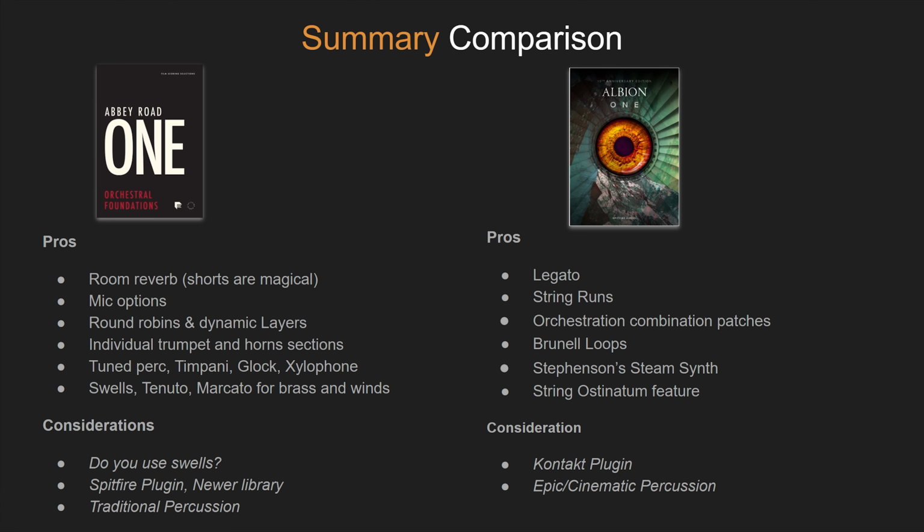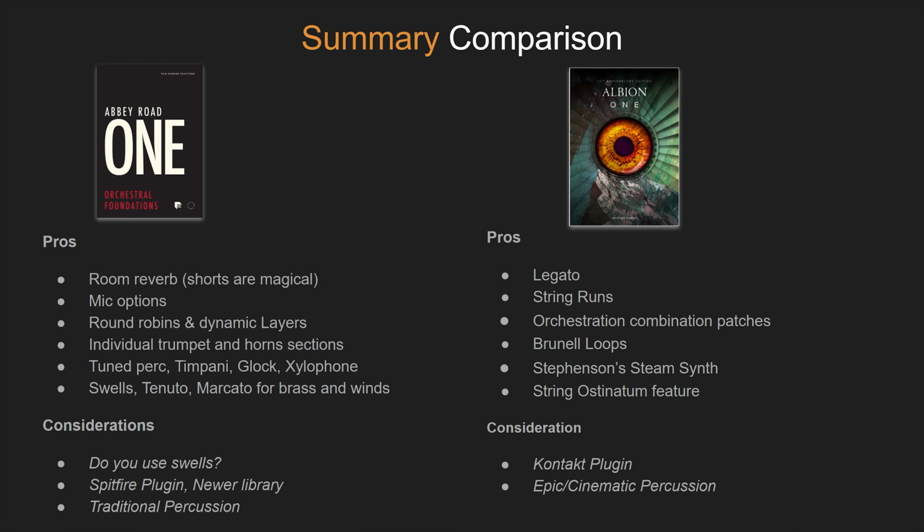Okay, and of course for Albion One, the big pros are that it comes with legato, it has the string runs, orchestration combination patches that I personally found very handy, those 15 of them. The Brunel loops, Steam Synth, that just adds a lot more value if you want some pads, that maybe this is your first library. That could be quite important for you and you actually like the sounds of those.